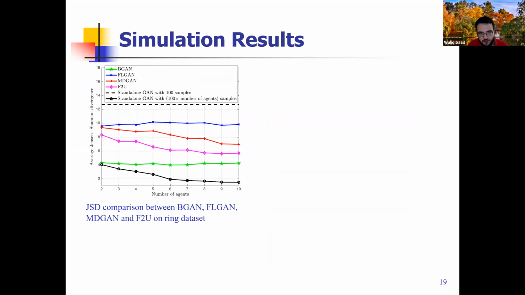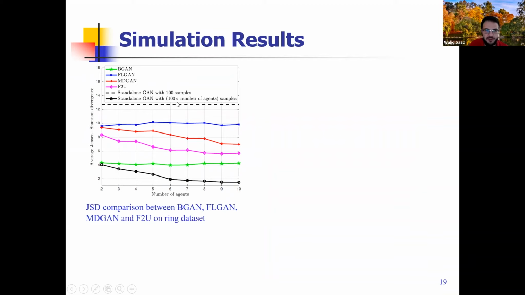Now, in terms of the comparison to the baselines, and in terms of complexity as well, we're going to talk about that in a minute. So in terms of the JSD, again, as a measure of comparison, the black continuous curve here is the standalone GAN who has all the samples. This is the best you can do, essentially.